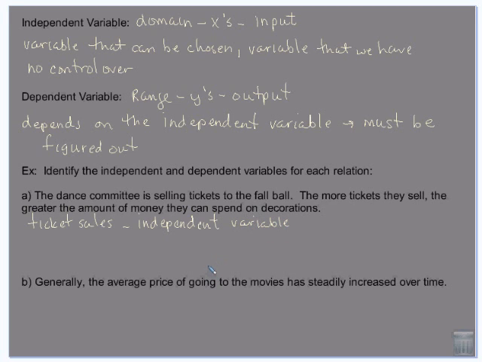So we don't really have any way to control how many tickets are sold. So that's the independent variable. And then the money for decorations, that's dependent because how much money we have depends on how many tickets got sold.